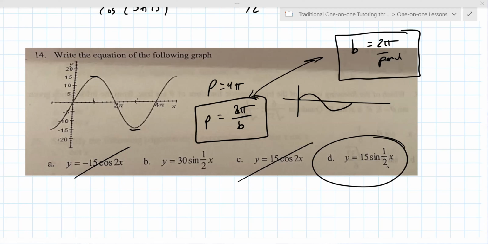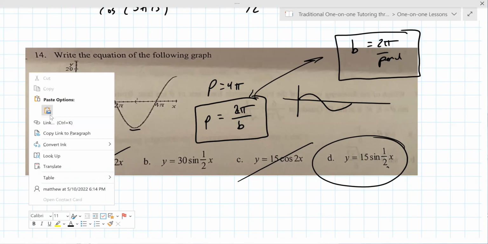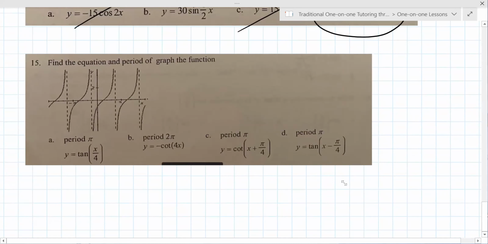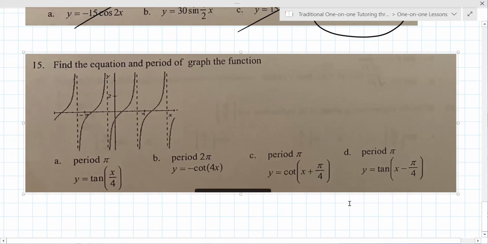All right, so next one here, 15. Find the equation and period of the graph. I think the period is easier to see because you're looking for how often this repeats.